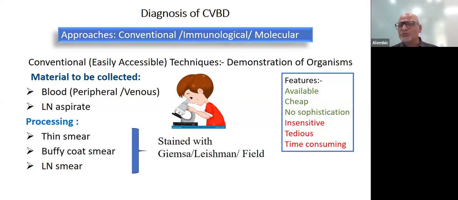So it is a time consuming process, and I think nobody can see more than 10 to 15 blood smears in a day on a regular basis. So it is very time consuming, tedious, strenuous for the technician also.